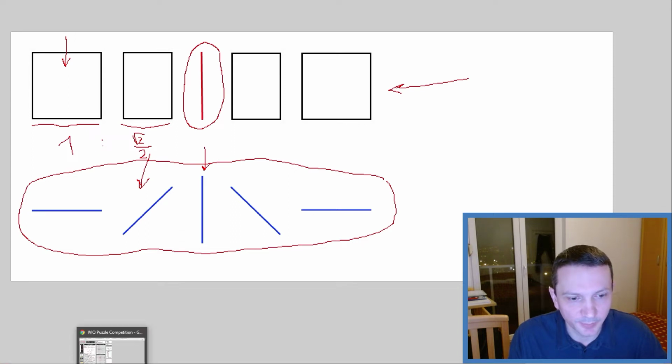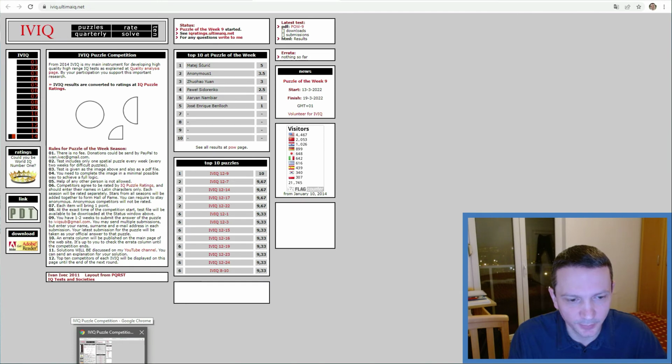I have already published another puzzle, as you can see here on the page of EVIC puzzle competition. This one is intended to be somewhat easier, so I hope I will receive more correct solutions this time.